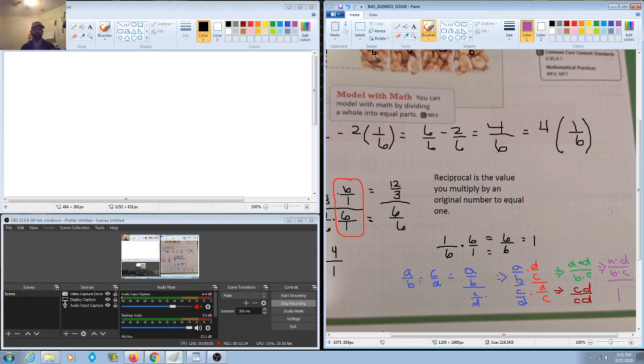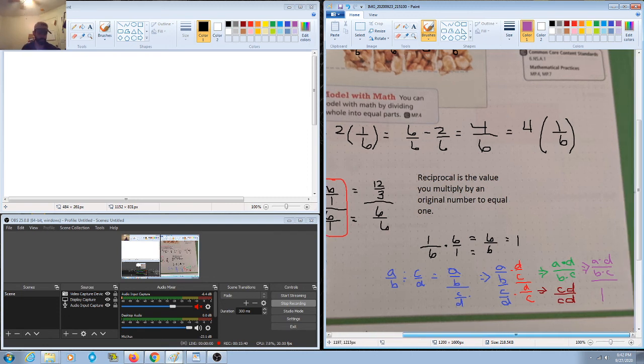So now we have officially eliminated our complex fraction because that A times D over B times C has a divisor of 1. Anything with a divisor of 1 is just going to be that value. So your resultant is just the fraction A times D over B times C.